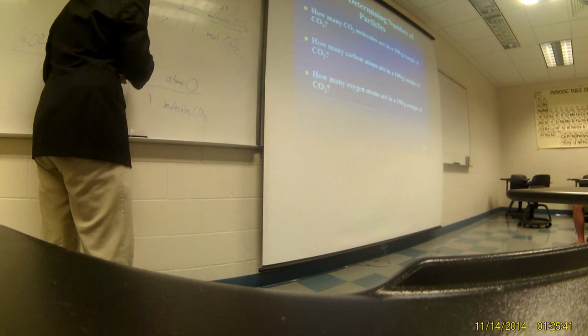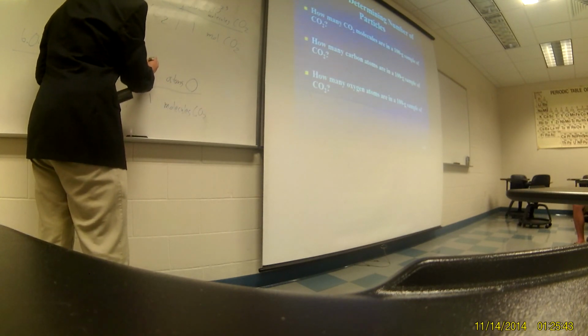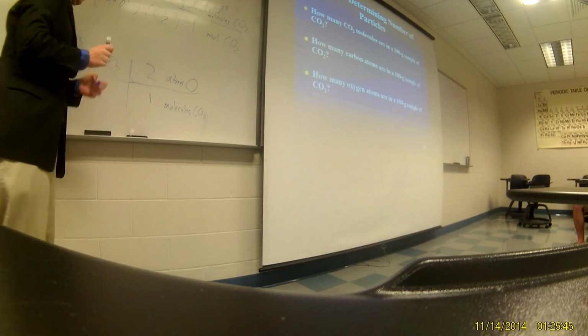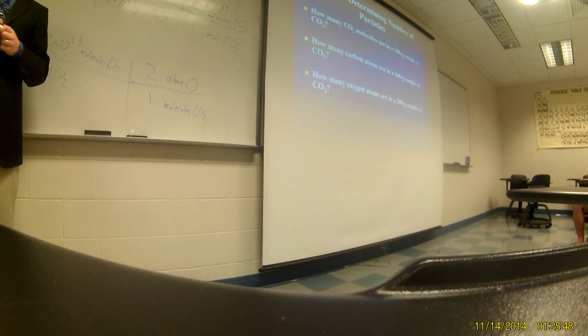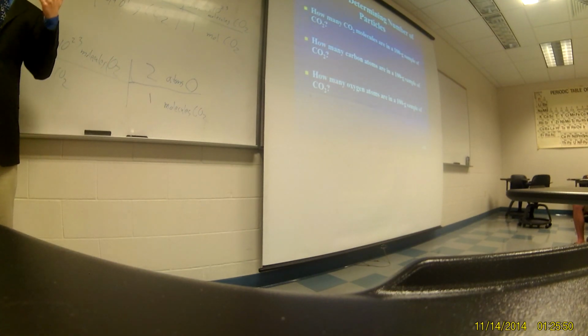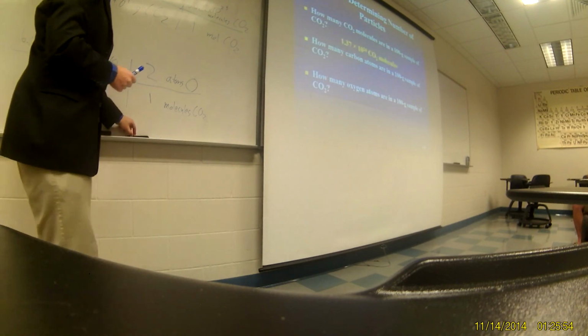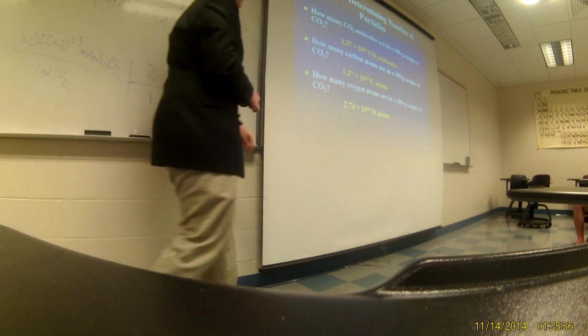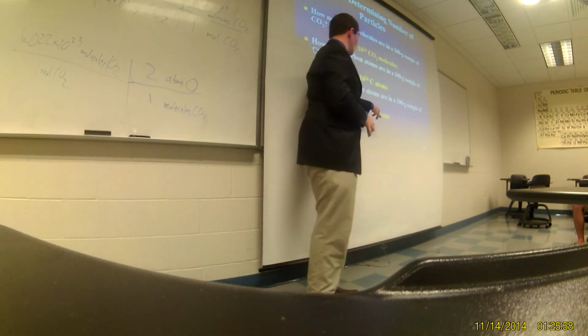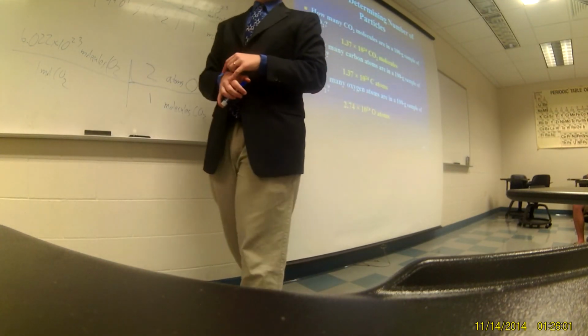Correct. Now 1 molecule of CO2 is 2 atoms of oxygen. That's going to double my answer, so it's going to be an even larger number. It comes out to be 2.74 times 10 to the 24th.